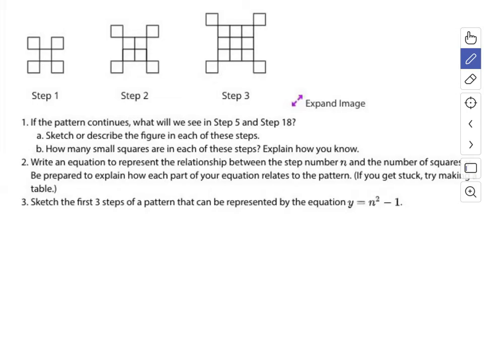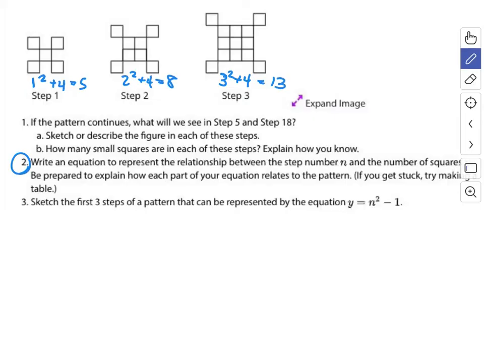Write an equation to represent the relationship between step number n and the number of squares. So we already did this. 1 squared plus 4 is 5. 2 squared plus 4 was 8. 3 squared plus 4 is 13.